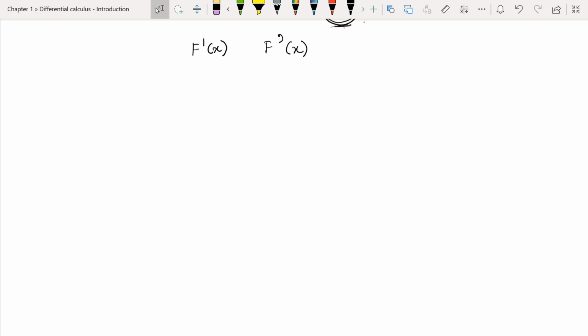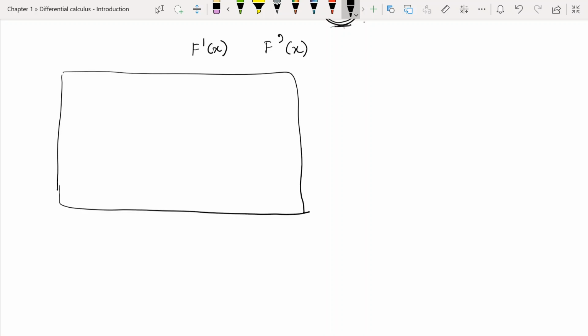Okay, so let's start with a table. In this table, let's have two columns. The first column is going to be the f of x column. The second column is going to be the f dash of x column.